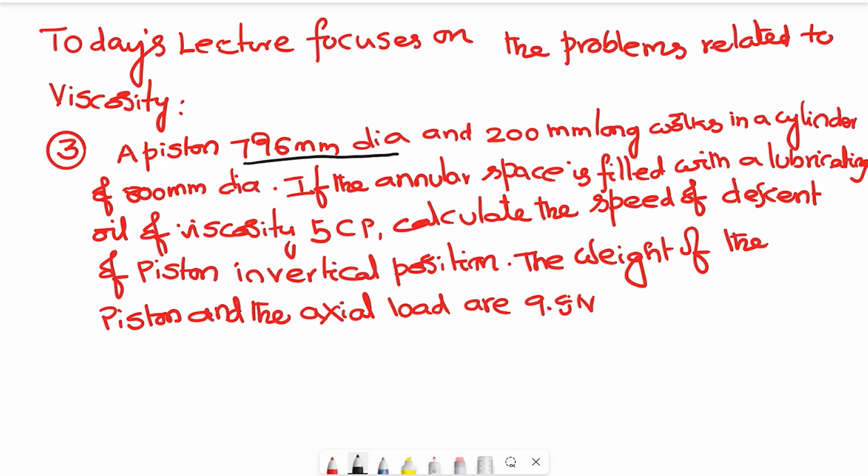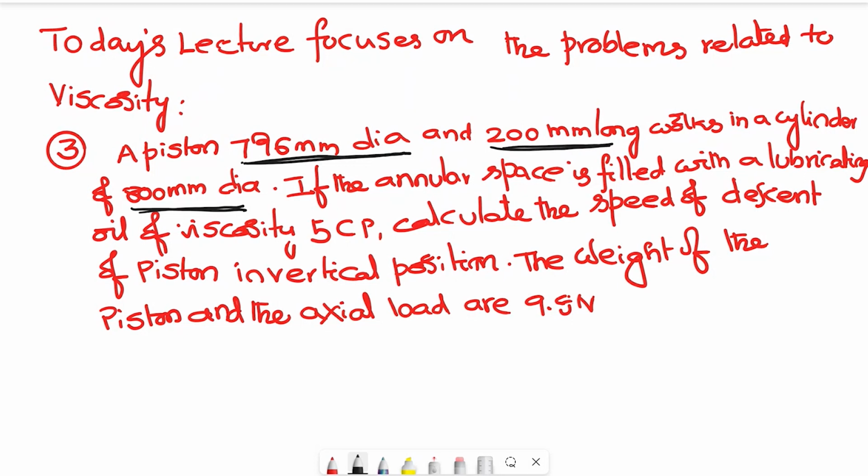This 796 is the piston diameter. The piston length is 200 long. Now this piston is moving inside another cylinder of diameter 800. So there is an inside piston, outside cylinder. Piston is also cylindrical. The piston diameter is 796 whereas the cylinder diameter is 800. How much is the length of the piston that is involved?